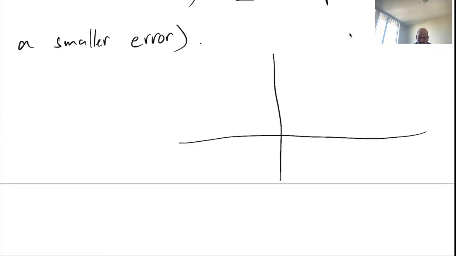Okay, so there you are. This is the function. This is x equals a.